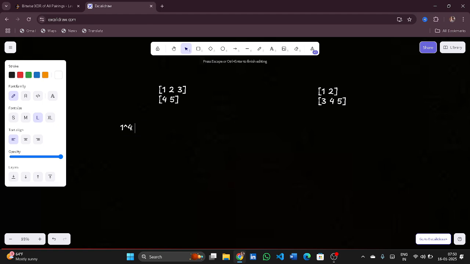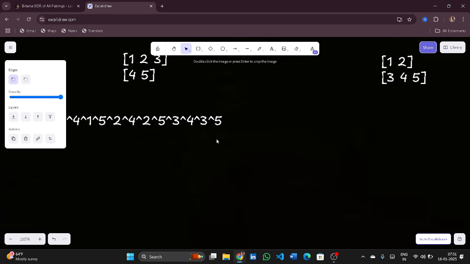Here 1 XOR 4 and then 1 XOR 5. Every element in nums1 is XORed exactly once with nums2. So again 2 XOR 4 and then 2 XOR 5 and then 3 XOR 4 and 3 XOR 5.